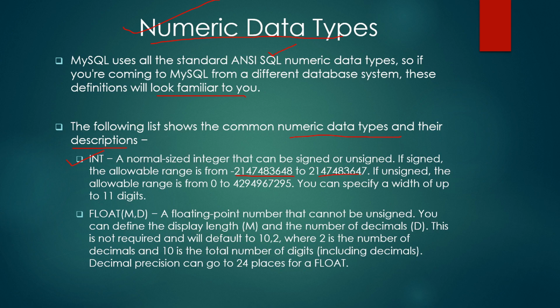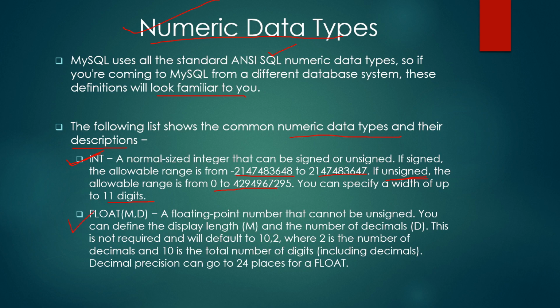It is huge, right? Actually, it is 10 digits. Okay, so it's actually huge. If unsigned, the allowable range is from 0 to this. Unsigned means if it is a positive integer, then the range is from 0 to this. You can specify a width up to 11 digits, meaning basically 11 digits can be stored if you use int as a data type.